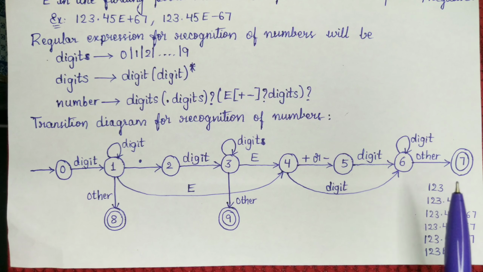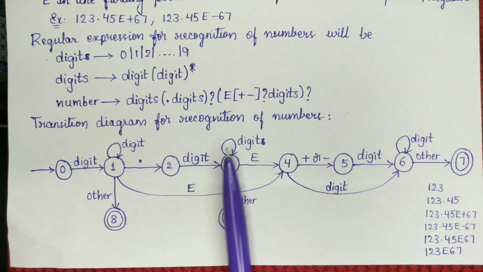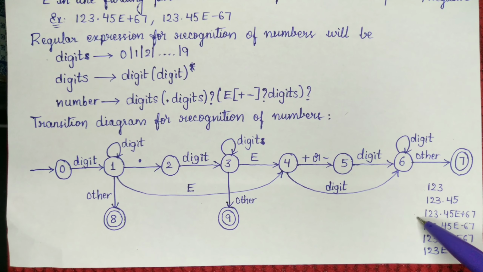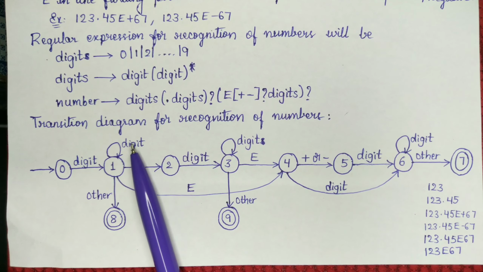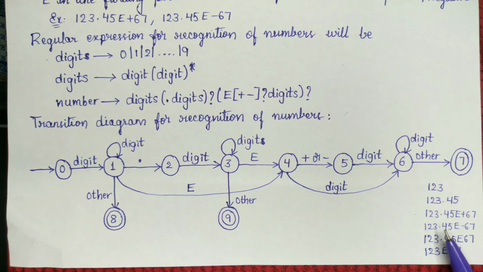So the regular expression is satisfied up to here, and we got these two expressions: 123.45E plus 67, and 123.45E minus 67. Both are satisfied. The remaining ones are 123, 123.45, 123.45E67, 123E67. So up to now the transition diagram is completed if we choose to have all the occurrences.